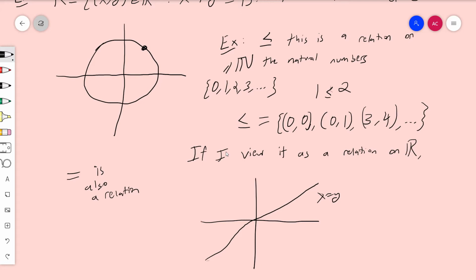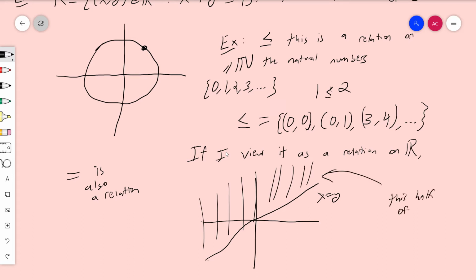And so it's all of the xy such that the second entry is bigger than the first. So it's all of the set x such that y is greater than x. So it's really this top chunk. So you can see the relation as basically this half of R2 is the relation less than or equal to.